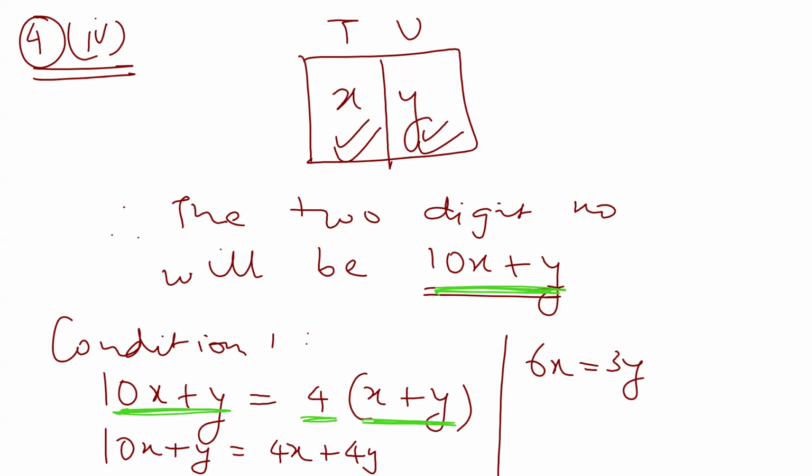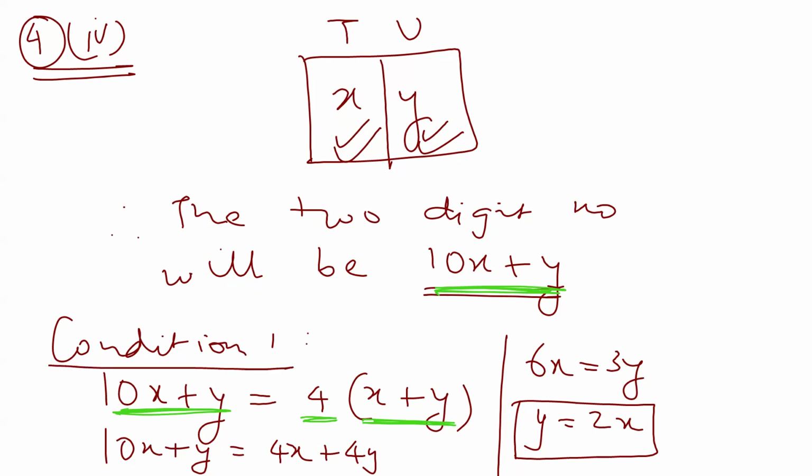So y is equal to 2x divided by 1, so we got y is equal to 2x. Fine. This was condition 1, where we got a certain conclusion: y is equal to 2x. Next, condition number 2.